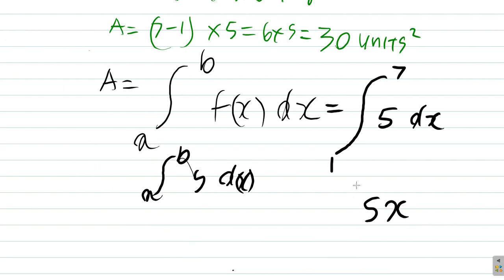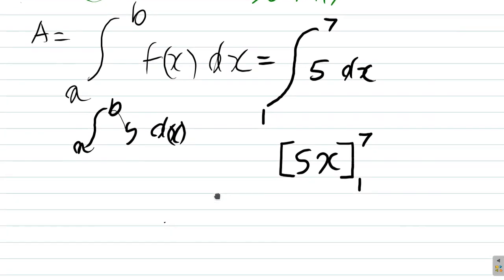Now, how you write the integral is you use square brackets, remember, use square brackets, and the lower boundary on the lower right, and the upper boundary on the upper right. Okay?